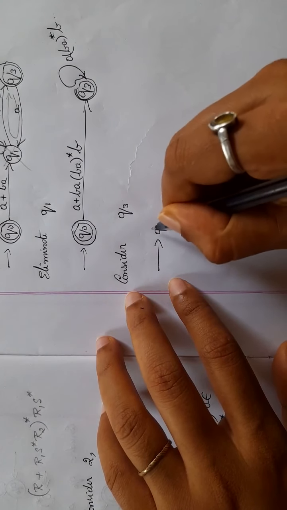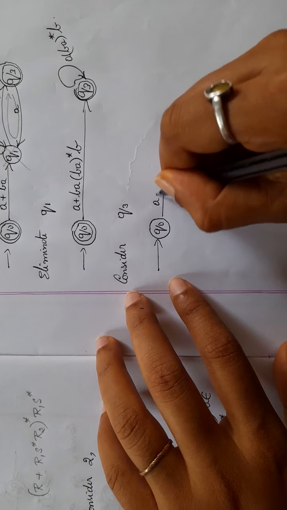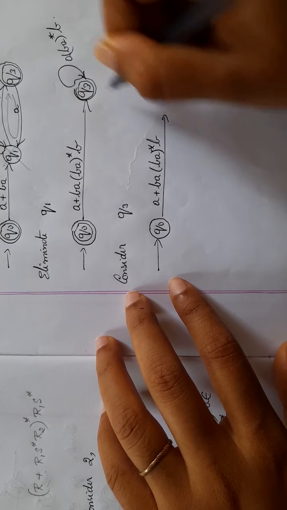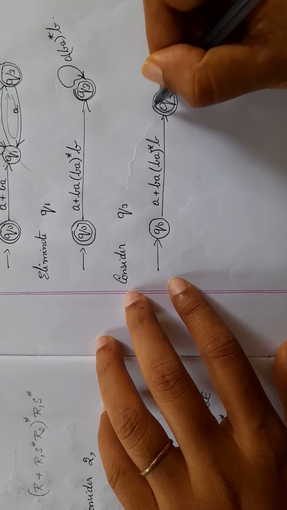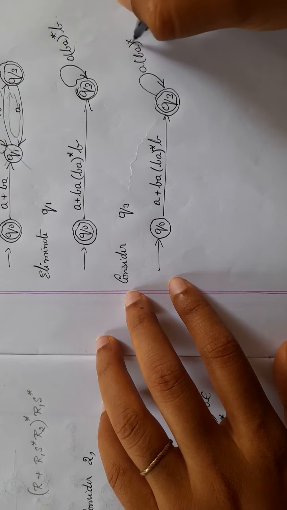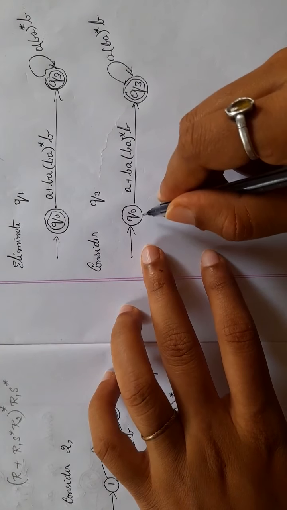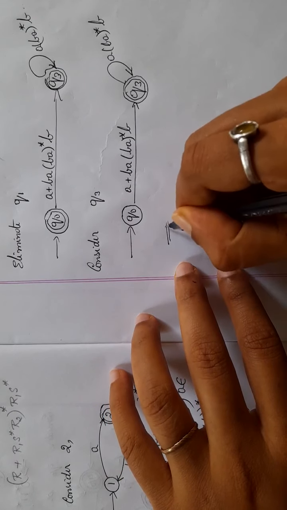That is Q0, A, B, A, B, A star, and then B. So I have Q3, A, B, A star, B. Okay. So just a starting state and then the final state. So directly write the regular expression.